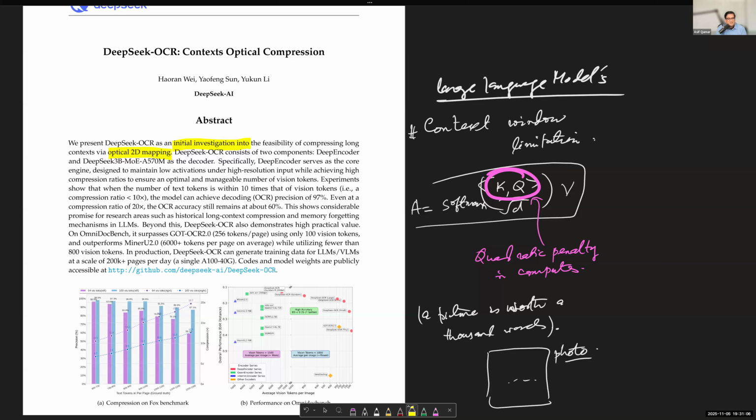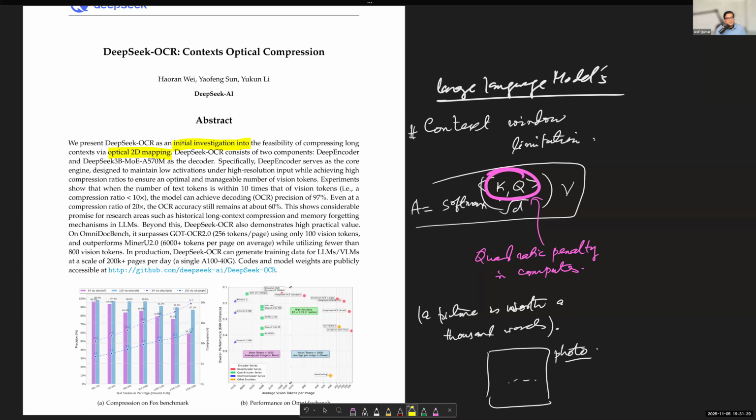Again, this is a research effort. Specifically, the deep encoder serves as the core engine designed to maintain low activations under high resolution input while achieving high compression ratios to ensure an optimal and manageable number of vision tokens. That's a long sentence, and let's decode it.